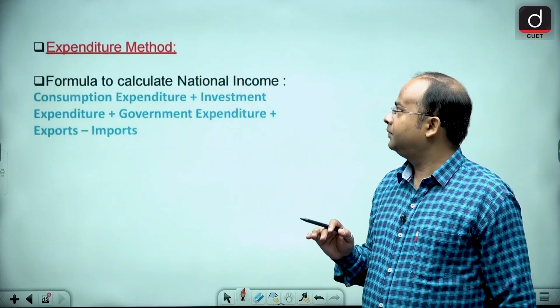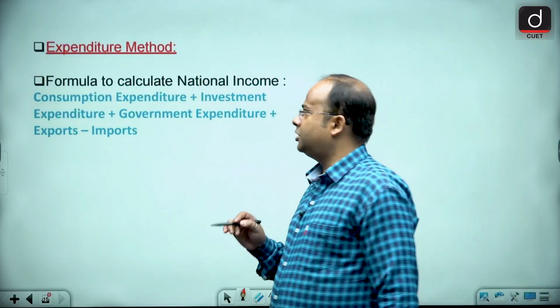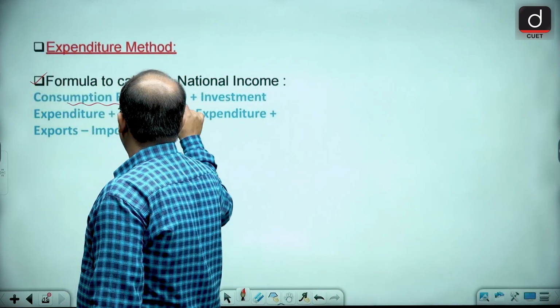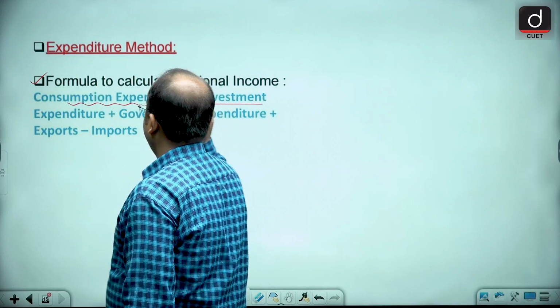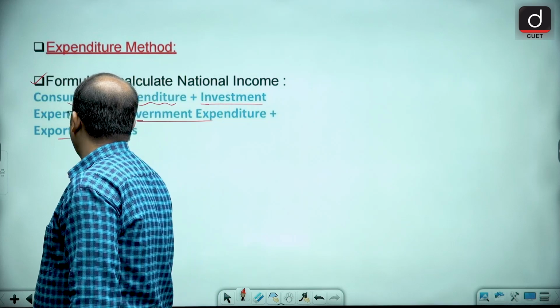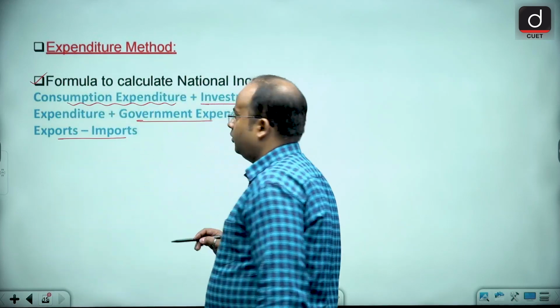So this is another method of calculating. Next we have the expenditure method to calculate the national income. This is total consumption expenditure, then we have investment expenditure, then government expenditure, then exports minus imports. So how is it calculated?